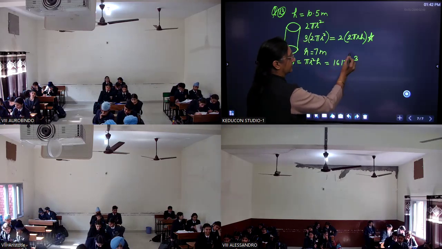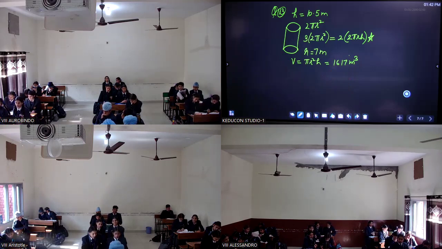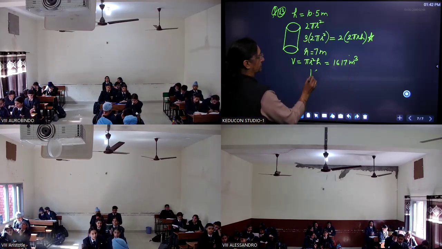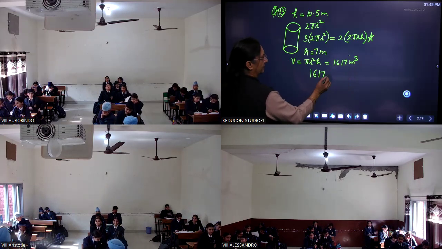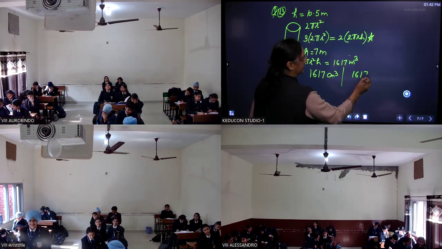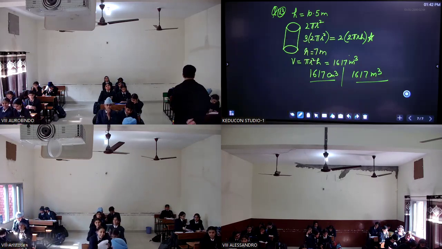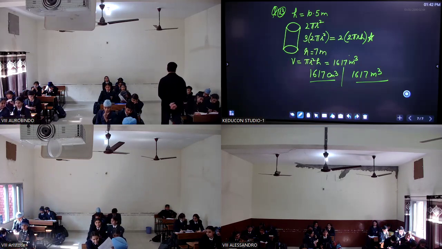Take care of unit. Sometimes in options it comes like this: two options are there, 1617 centimeter cube and the other option is 1617 meter cube. Take care. See the units very carefully and then mark it when you do it.